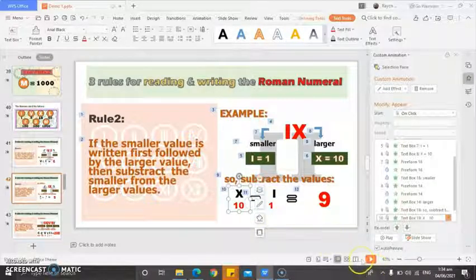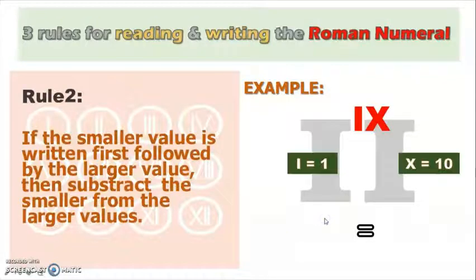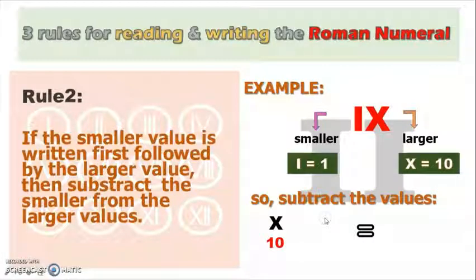Okay, let's adjust this one. So X minus I equals 9. Again, if the smaller value is written first and followed by the larger number, you subtract the smaller value from the larger value, and that's the equivalent of that numeral form. So IX equals 9.